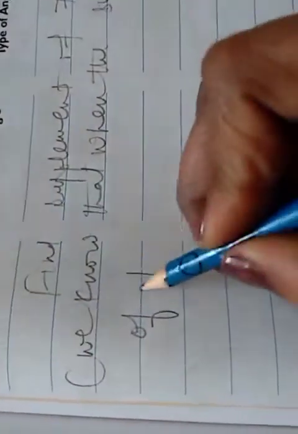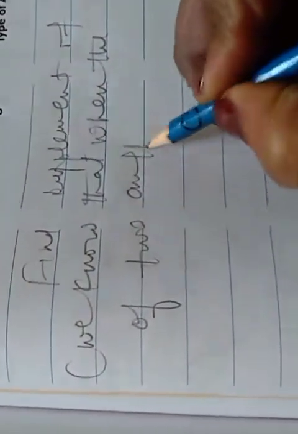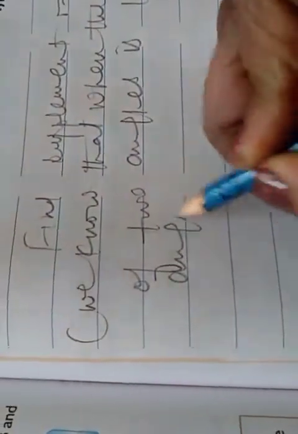We know that when the sum of two angles is 180 degree, the angles are called supplementary angles.